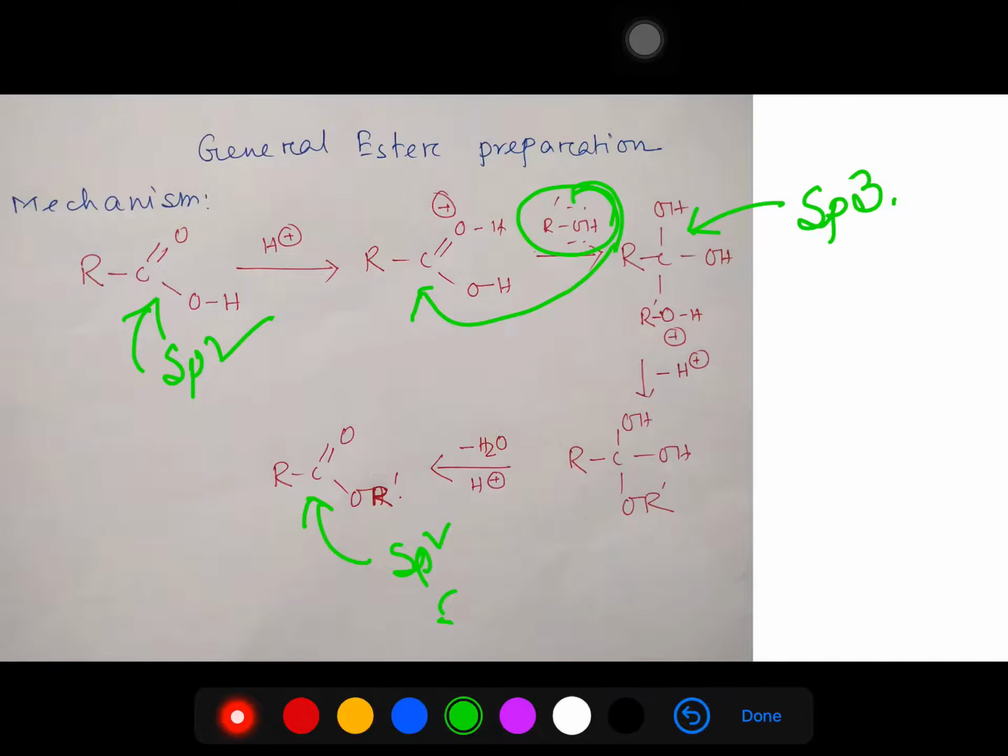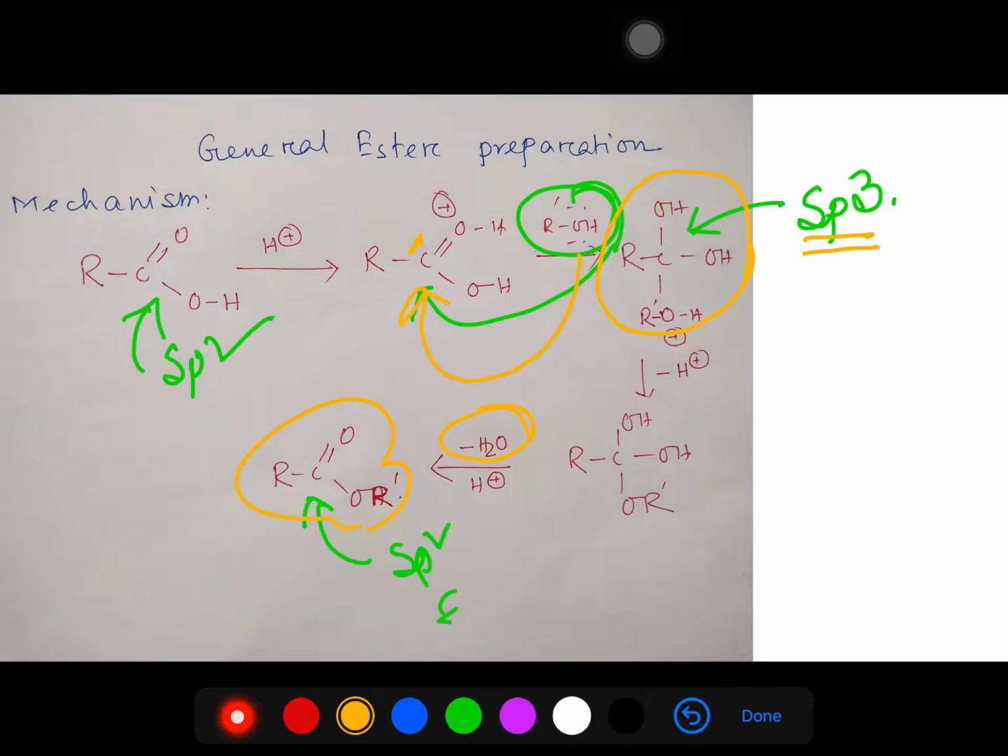So what is the summary of this slide? First protonation occurs on the carbonyl oxygen, which increases the electron deficiency at this center. Consequently, the alcohol molecule attacks here and produces a tetrahedral sp3 intermediate, which undergoes water elimination and ultimately results in the ester.